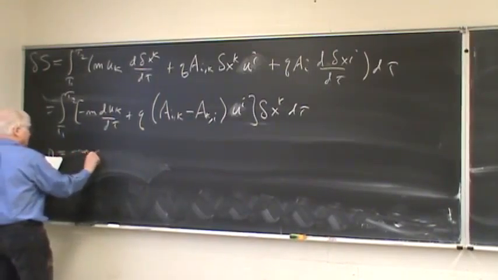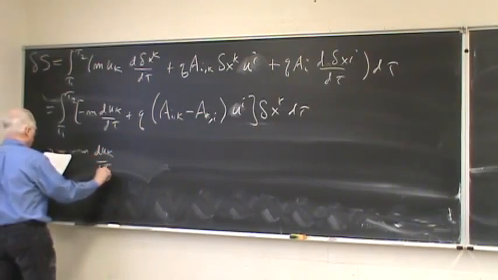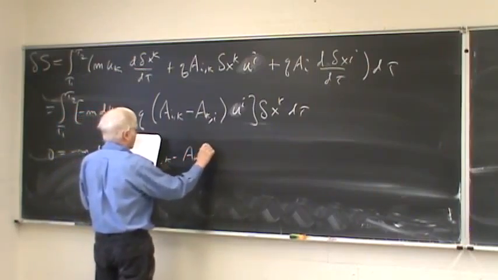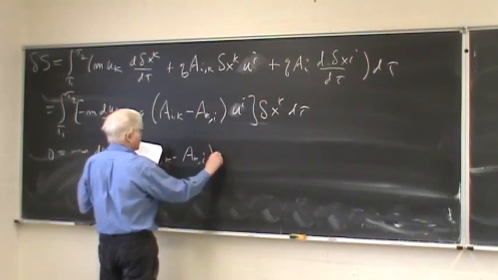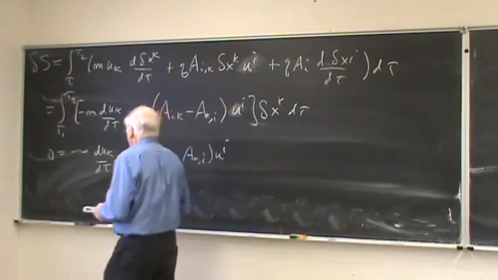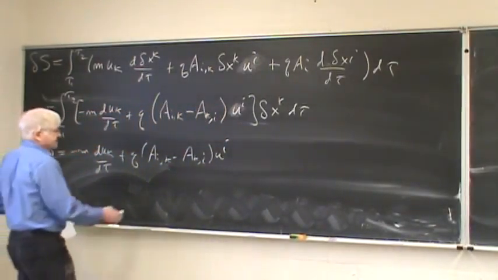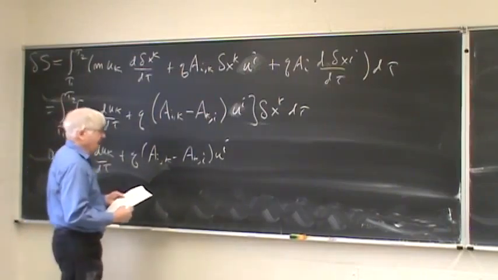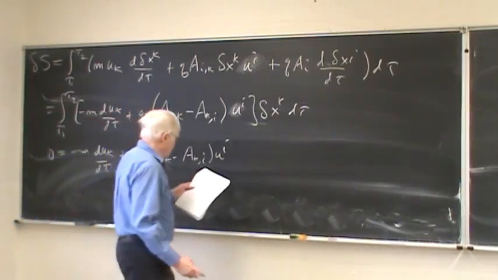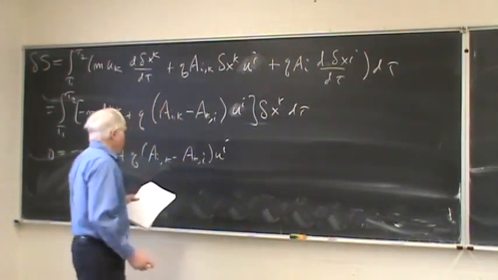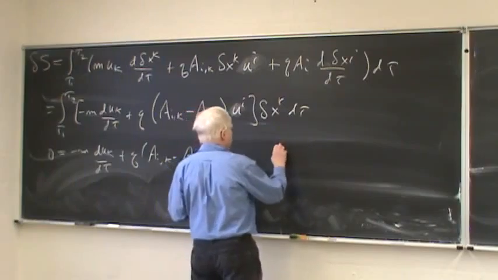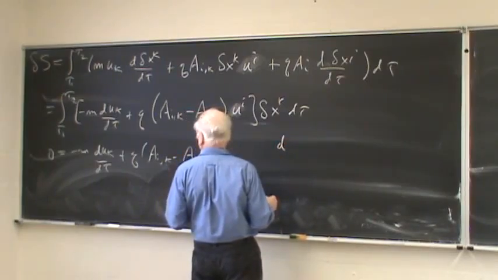0 equals minus m du_k/dτ plus q times A_i comma k minus A_k comma i, times u^i. And this is the Maxwell tensor, and m du_k/dτ is p_k, and if we raise the index k, lower the index i, then what we get is, or maybe we'd be better off leaving them the way they are.